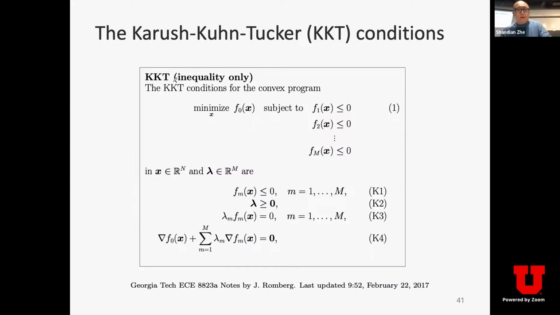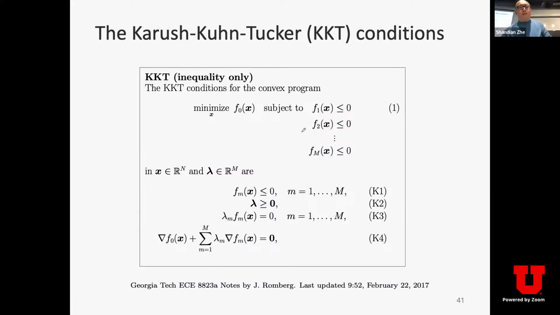So suppose I have such a convex optimization problem where I want to minimize a convex objective f0(x), and meanwhile I want x to satisfy big M constraints, where each constraint is written as f1(x) less than or equal to 0, f2(x) less than or equal to 0, and so on, until fM(x) less than or equal to 0.